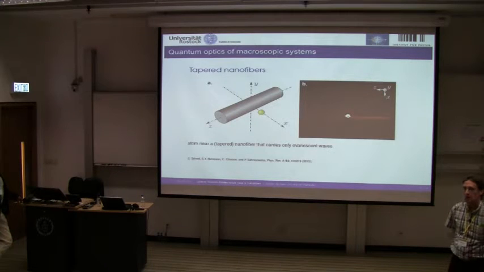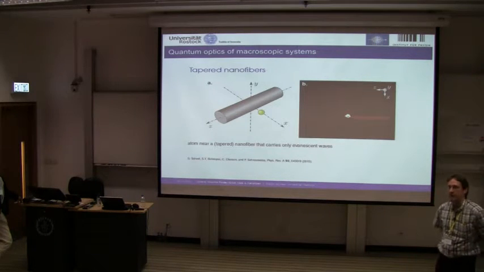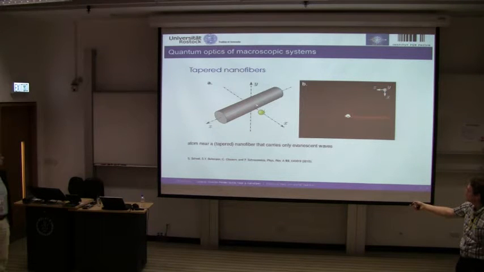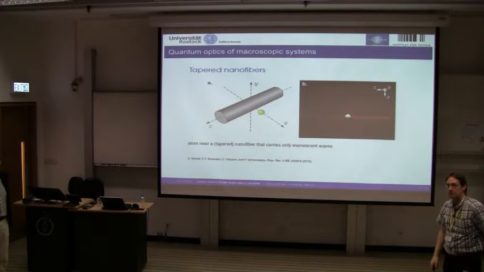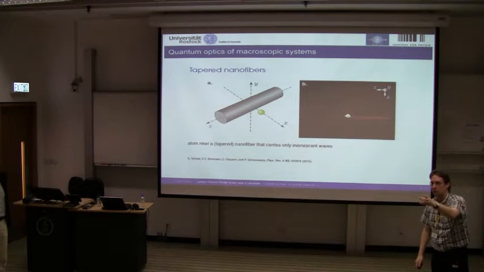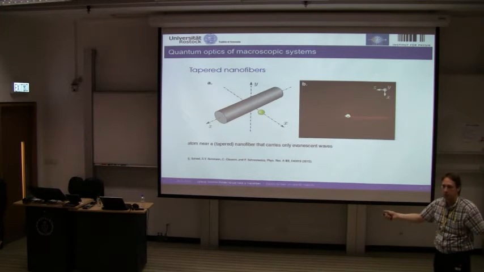There's none. It's really only the fact that the evanescent modes traveling on this fiber couple to the direction of the propagation along that fiber. So it's not a geometric symmetry breaking. I wouldn't call it like that. It's a propagation symmetry breaking.